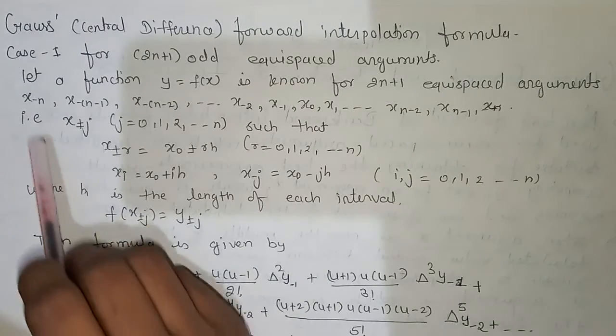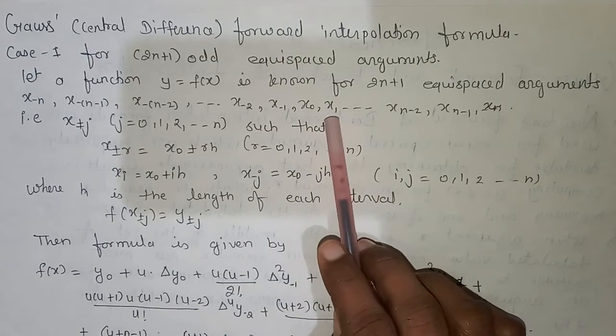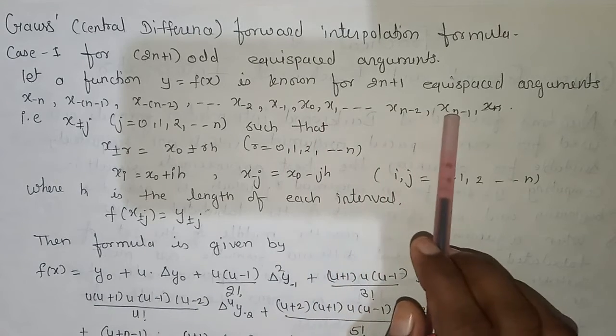Here, since we are taking values from the center, we take the center as x0, and above the center we take values x minus 1, x minus 2, x minus 3, x minus 4 up to x minus n, and below the center we take values x1, x2, x3 up to xn.